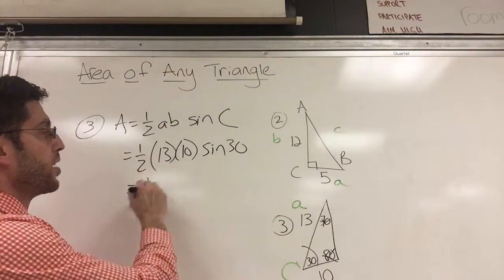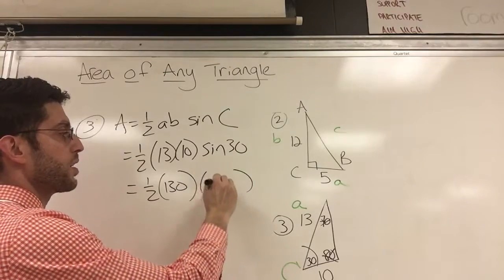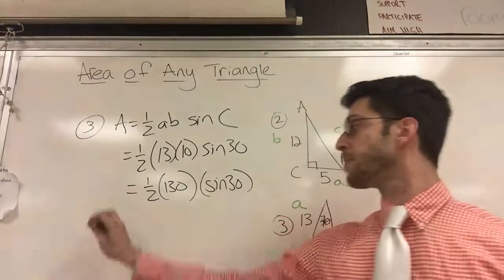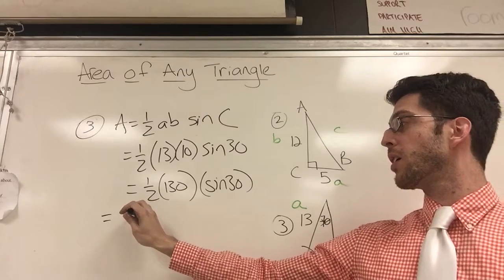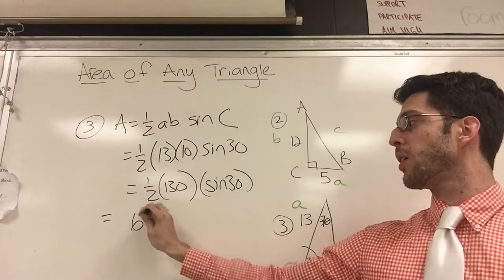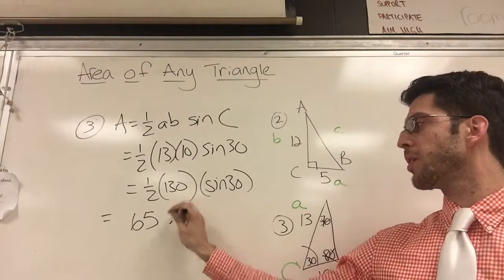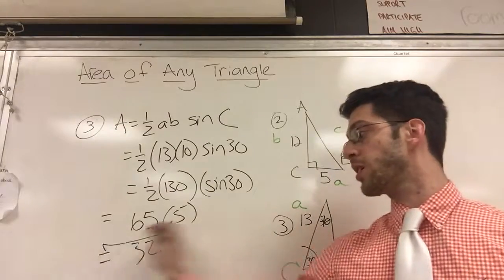That's 1/2 times 130 times sine 30. What is this? 65 times, what's the sine of 30? 0.5. So whatever half of that is, that's 32.5, and you are done.